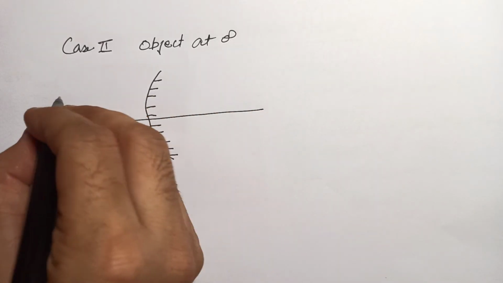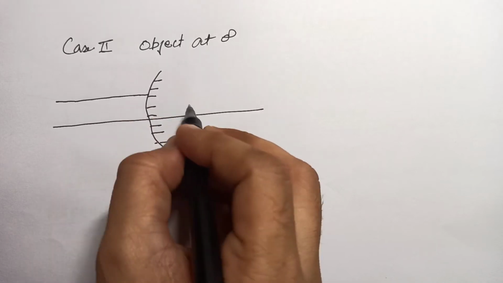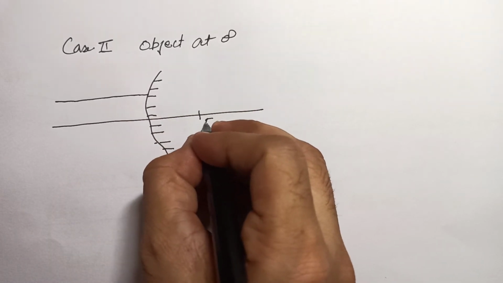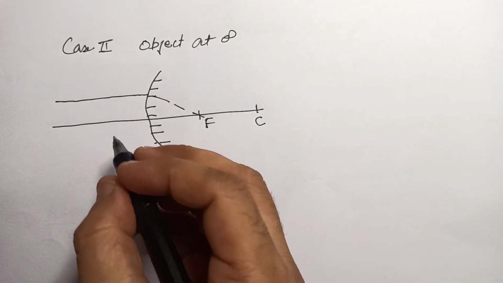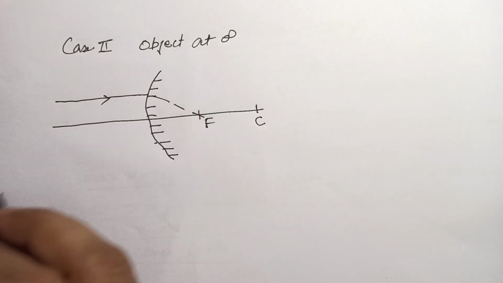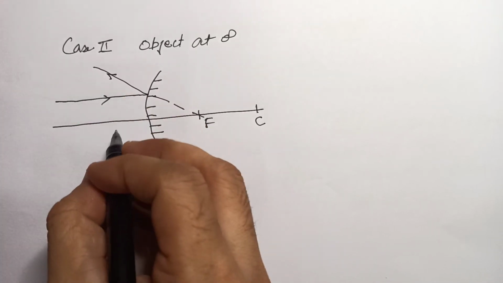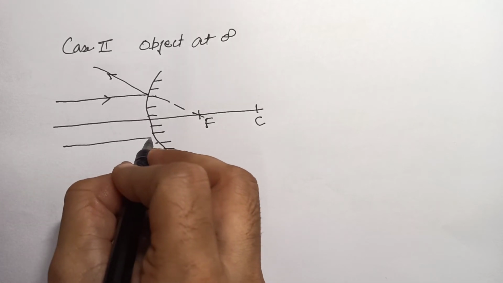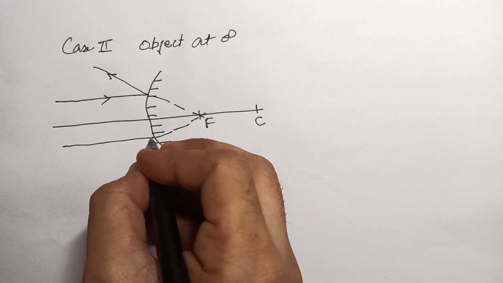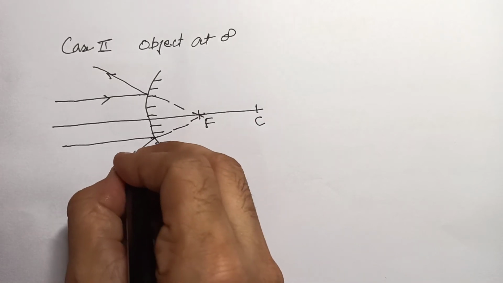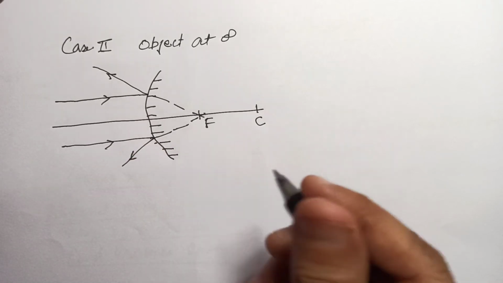In the case of object at infinity, the rays will come something like this. This is F, this is C. They have a tendency to meet at F, so it will be something like this and it will be deflected away. Similarly, this will also have a tendency to meet here and it will get deflected here.